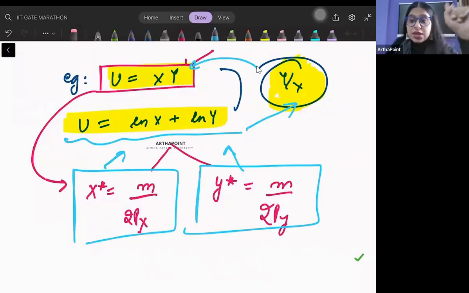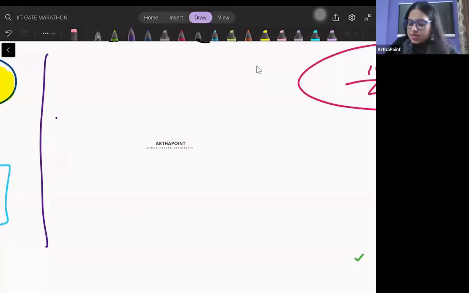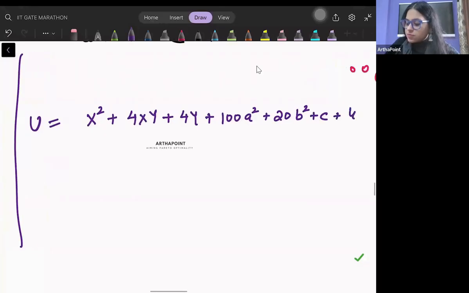Now this is very useful when they will trick you with a utility function like this. ध्यान से देखना. If I give you x square plus 4xy plus 4y, let me just frame something, plus 100a square plus 20b square plus c plus 40. ऐसा कुछ दे दिया.